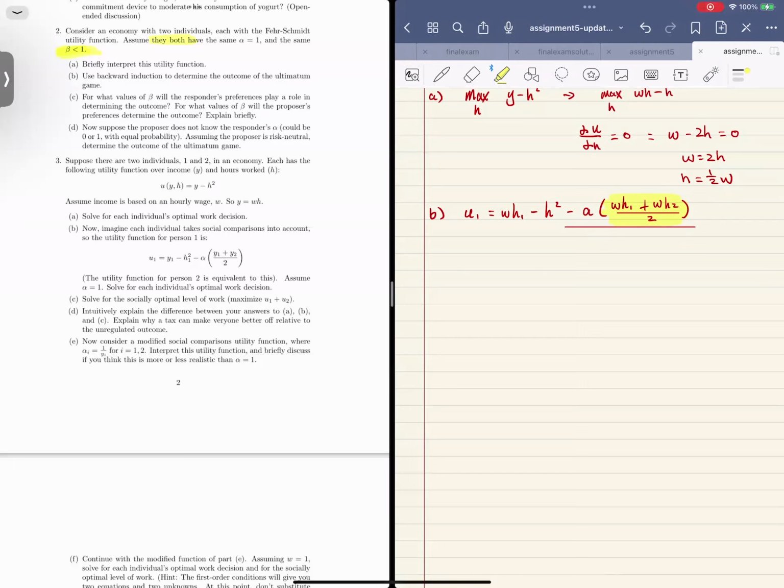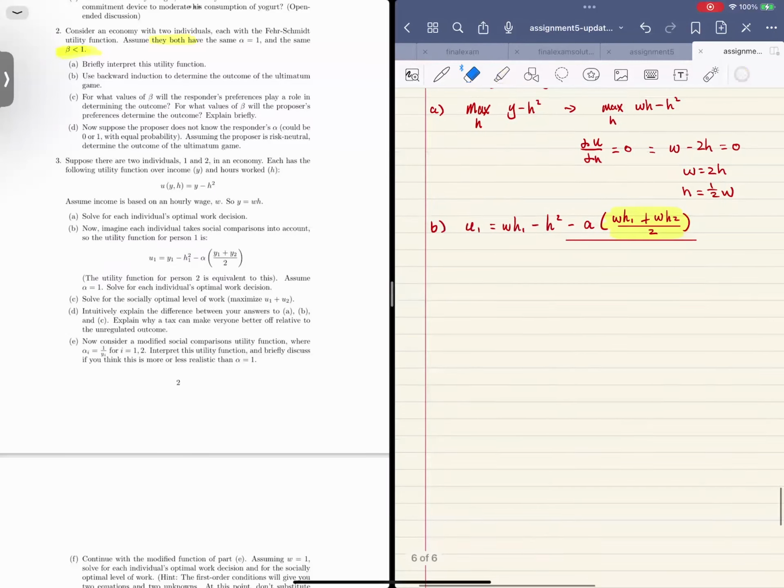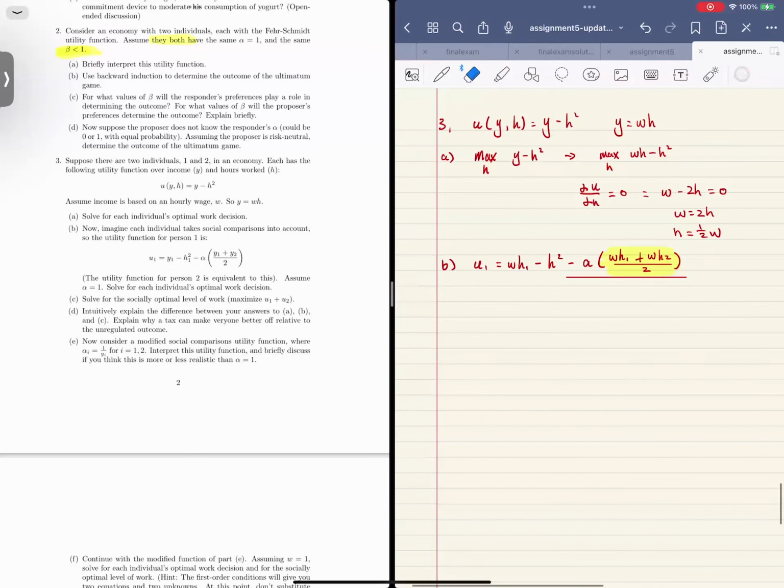So this term explains some of this utility that we have compared to the first optimizing utility function. There's some utility from comparing, taking the other into account.